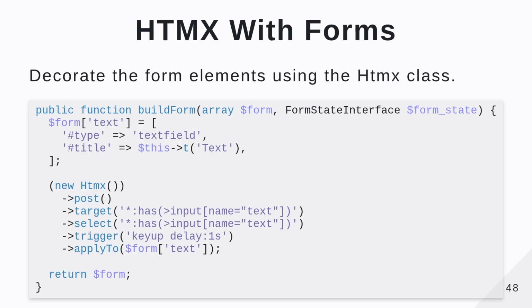So rather than replacing only the attribute or the input tag itself, we're replacing everything surrounding it. This is taken from Drupal core, by the way. They do this inside Drupal core. We're looking for a keyword delay of 1 second, and we're applying it to this text area. So rather than just replacing the input tag, we're replacing everything to do with that element.